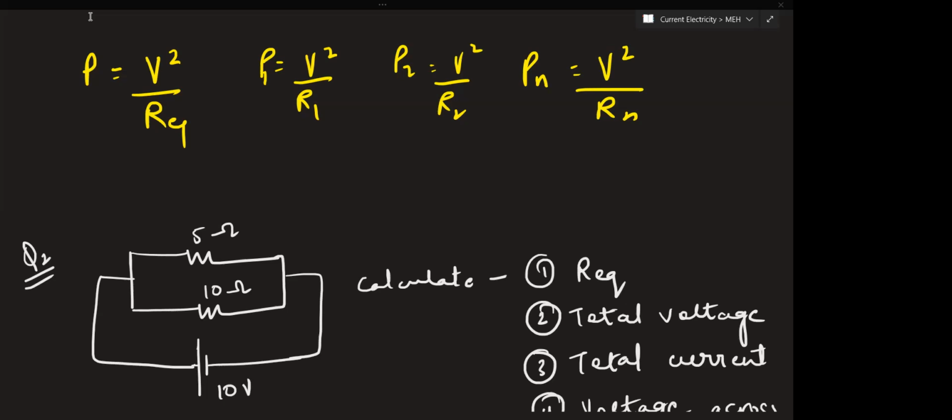No, Fahad, just check again. See the formula that you have written for R equivalent for parallel combination. Values are the same, but this time it is a parallel combination. Second one, right again, Zaid. Calculate the third one.